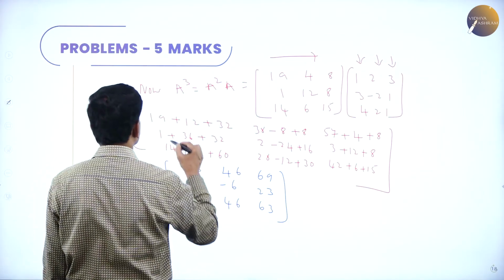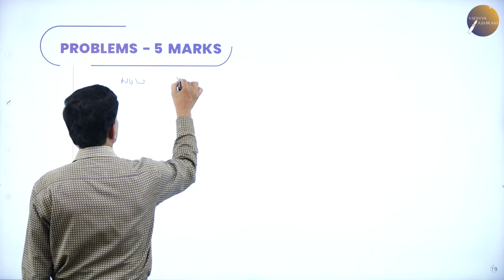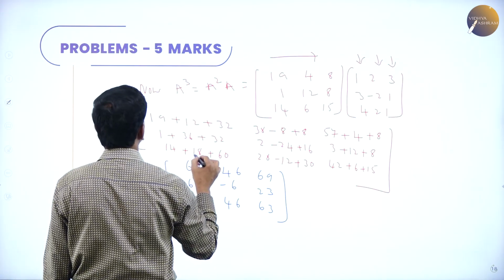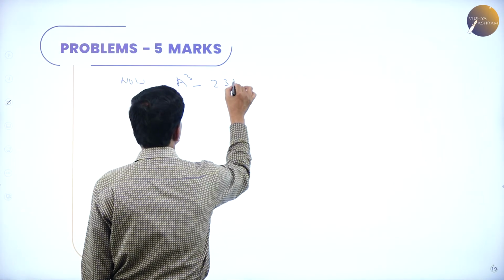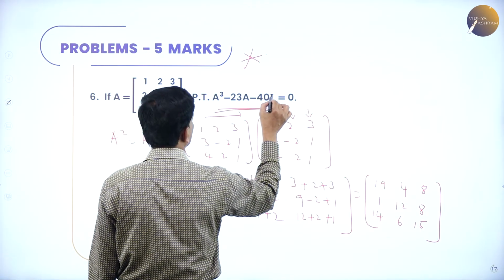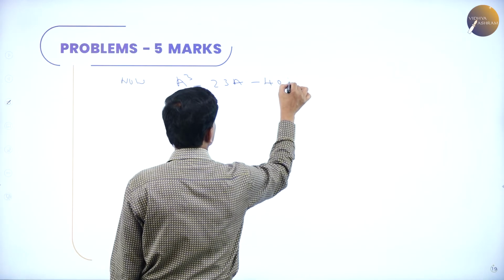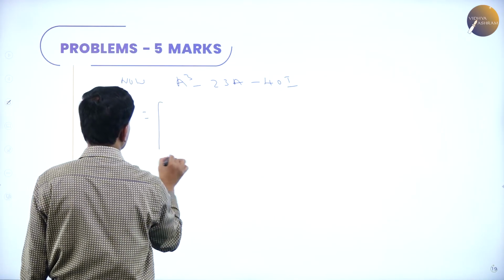Now, finally substitute in this. Now, A cube minus, what is the given equation? 23A, then minus 40I is equal to, substitute the value of A cube.